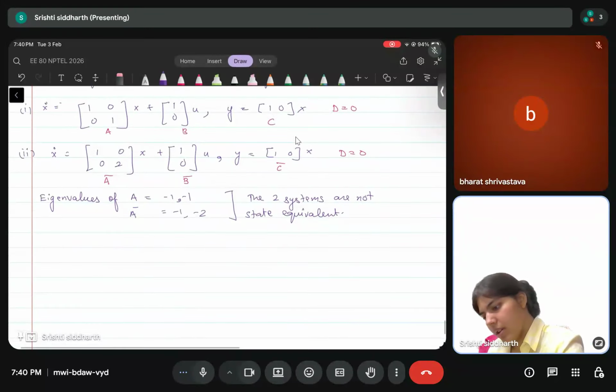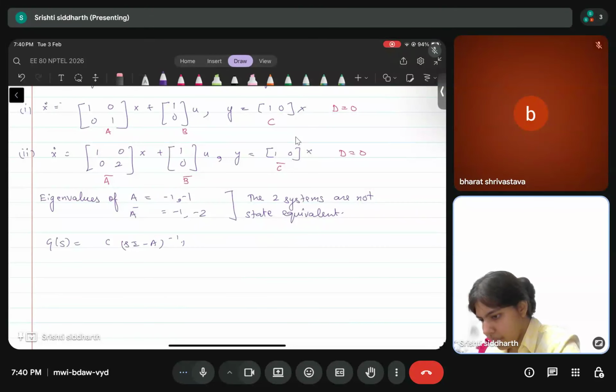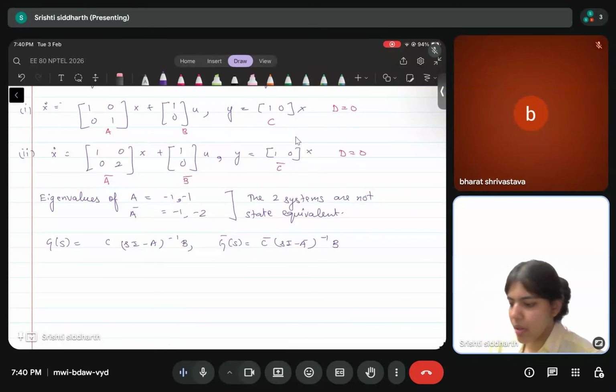So let's do that. Let's say G(s) is C times (sI minus A) inverse times B, and G bar is the same with bar quantities. So let's compute this quickly.